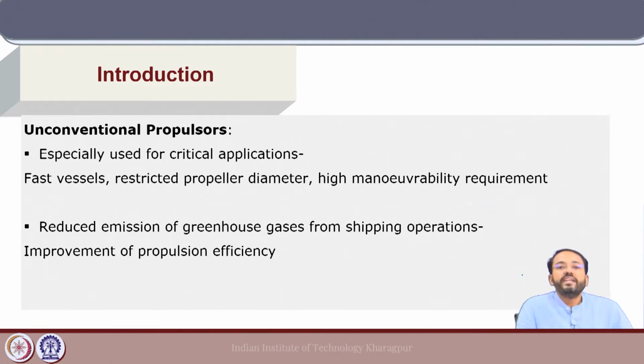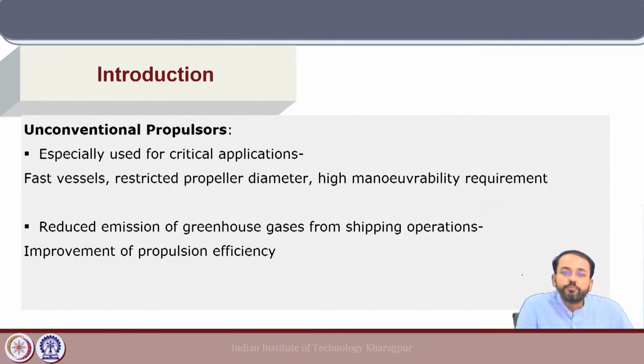Now, in the marine industry, there is also a huge requirement for reduced emission of greenhouse gases from shipping operations, and that can be obtained by improvement of propulsion efficiency, among other measures.